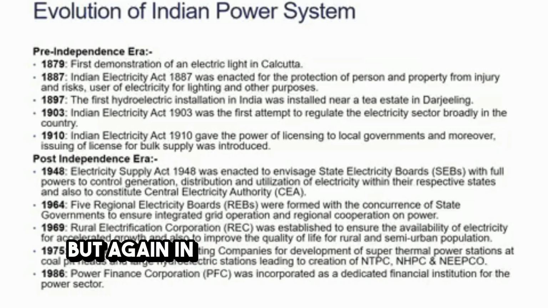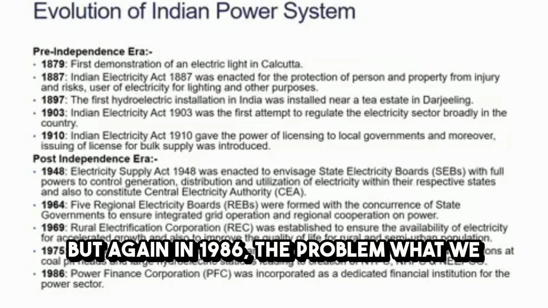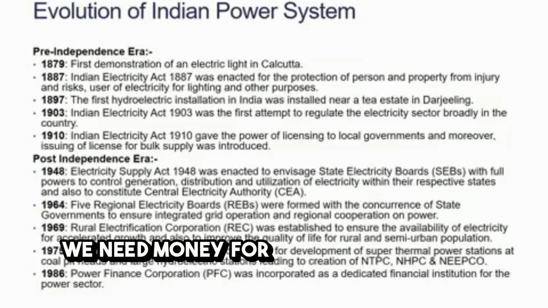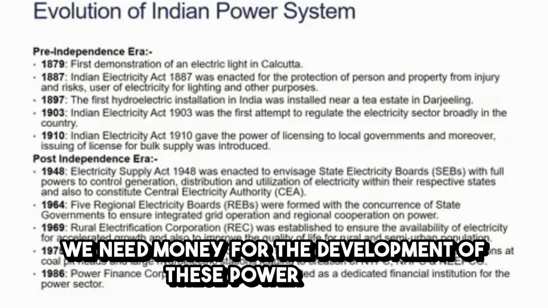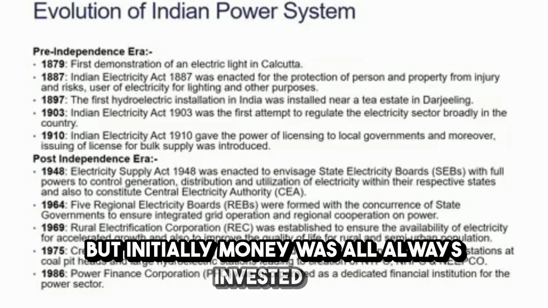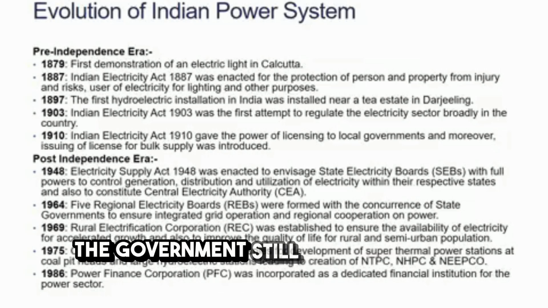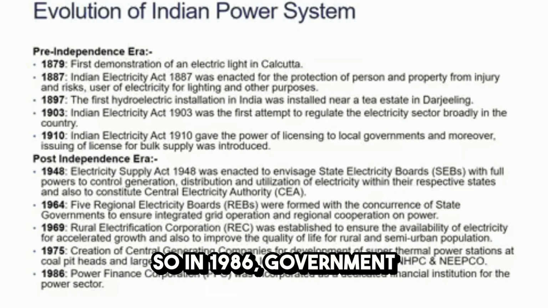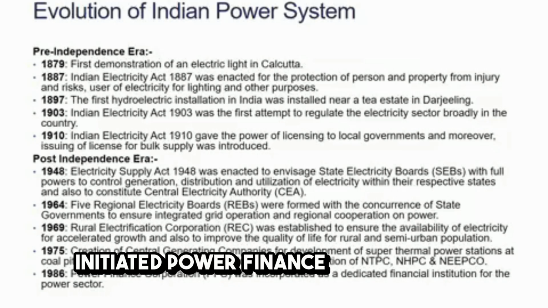But again, in 1986, the problem we faced was that we needed money for the development of these power plants. Initially, money was always invested by the government, but it was still lacking in some sense. So in 1986, the government initiated the Power Finance Corporation.